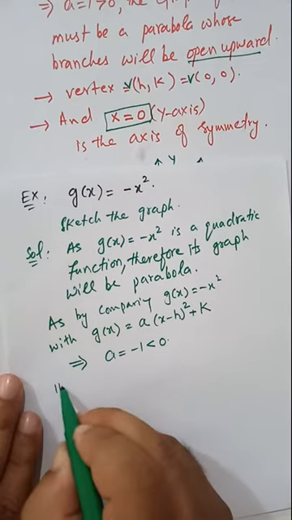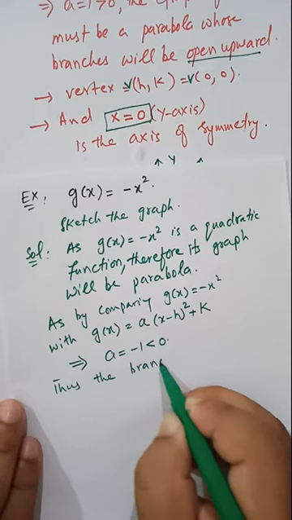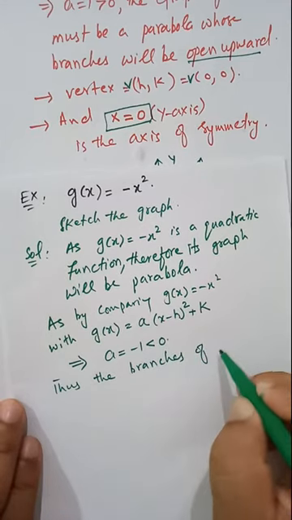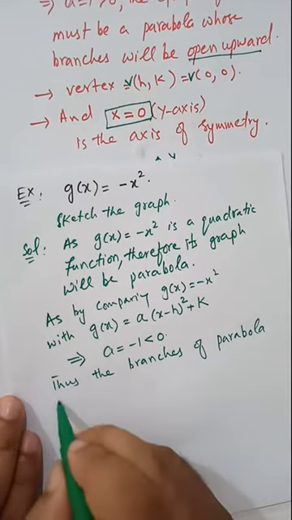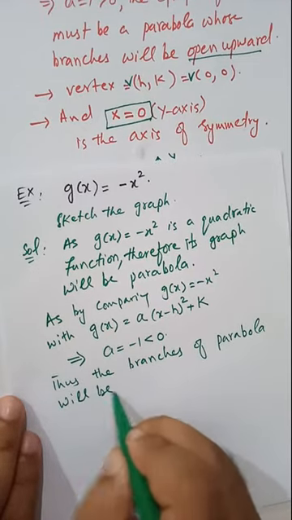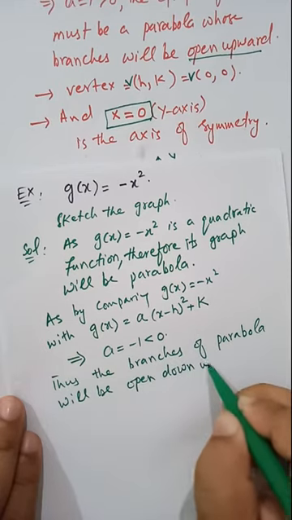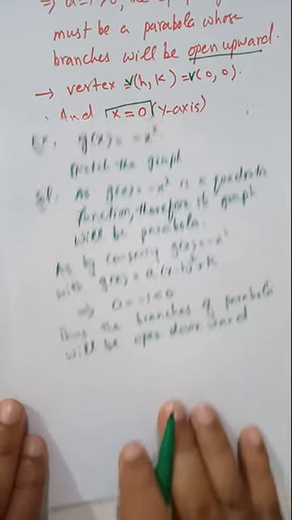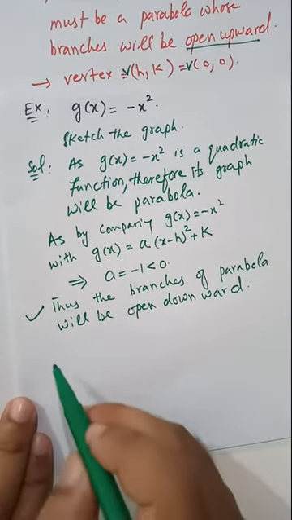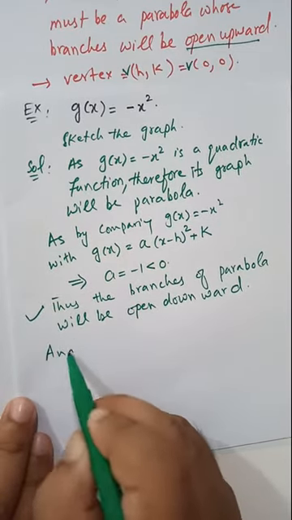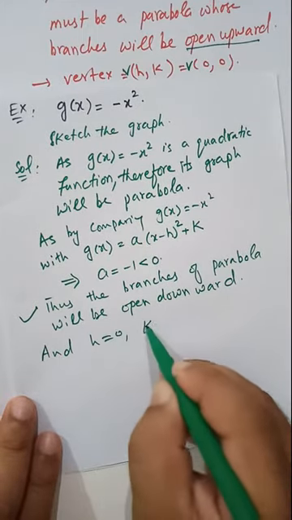So thus the branches of the parabola will be open downward. You get this one. Now second, h equal to 0, k equal to 0.